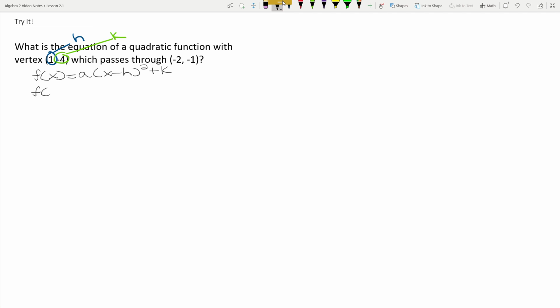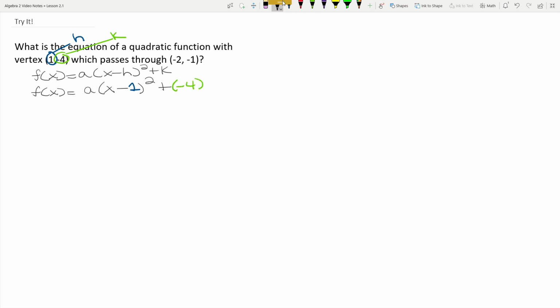So in this case we have f of x equals a times x minus, so now h is 1. Squared plus, and in this case k is negative 4.